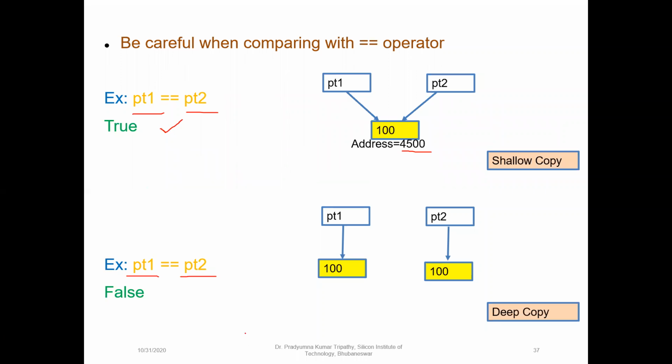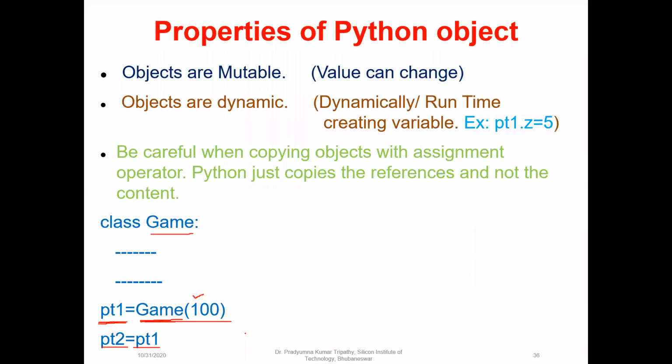So if it is pointing only, it is shallow. If separate values are being stored, then it is deep copy. Right? So while copying the object, do remember that you are actually assigning another pointer to it. So even if I delete PT1, PT2 will still exist. I'll give one example for the same. Even if I delete PT1, PT2 is still pointing to that location.